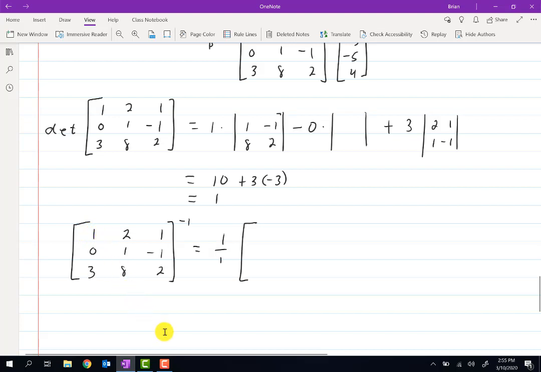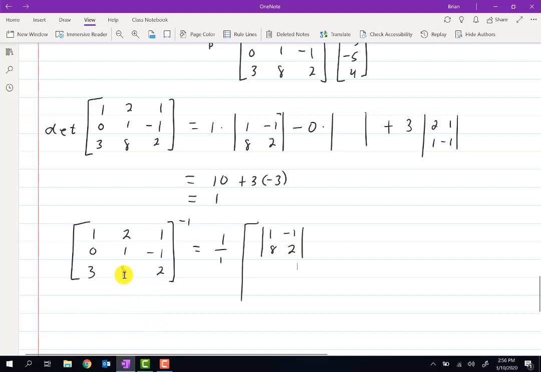So for this entry right here, the 1, 1 position, I'll cross out the column and the row like normal, and I'll have 1, negative 1, 8, 2. Suddenly realize that I'm going to need a lot more space for this, so I'll not even finish it just yet.